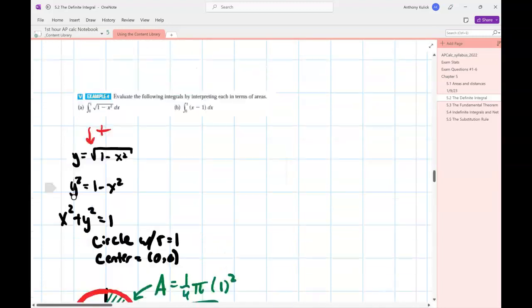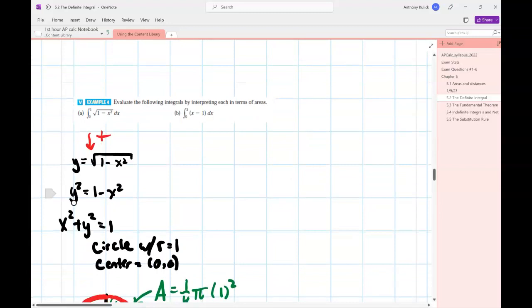Okay. The other one is the integral from 0 to 1 of x minus 1 dx. What do you notice this is? The line.